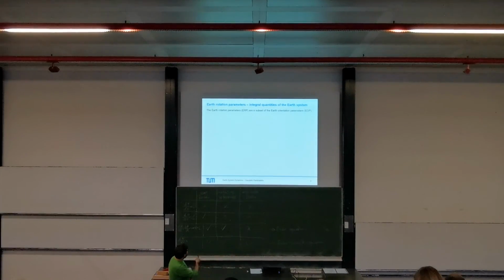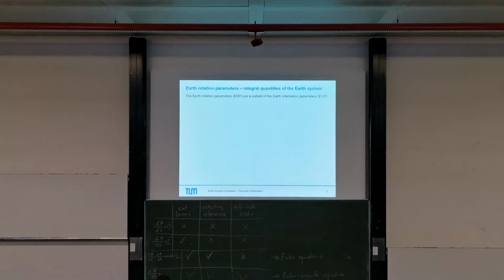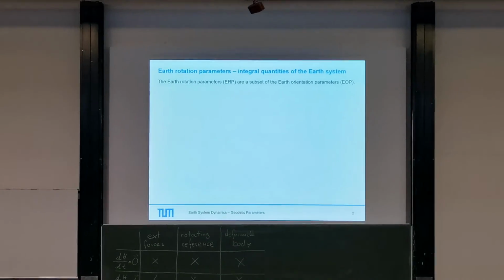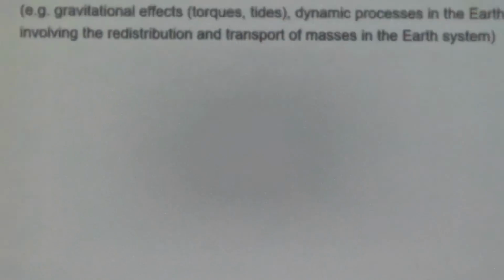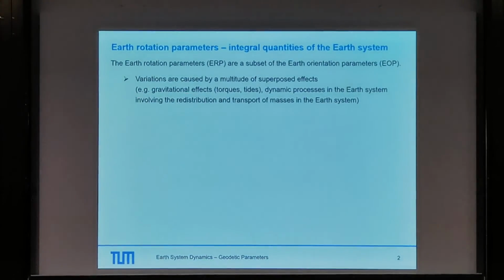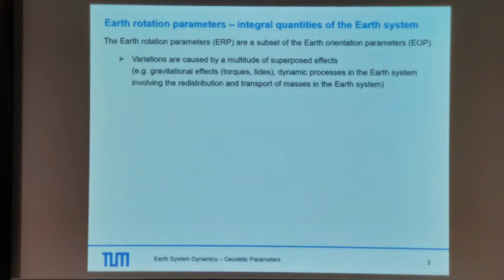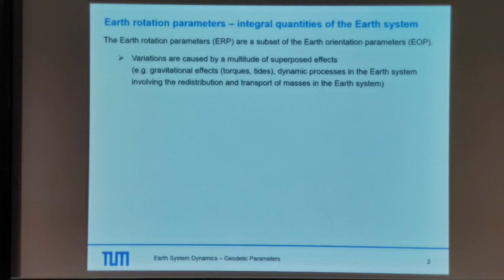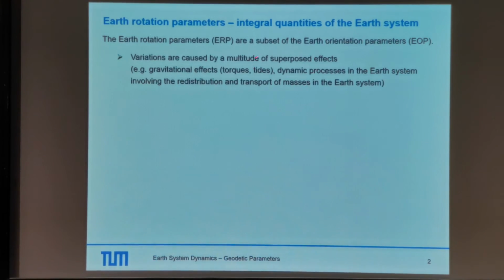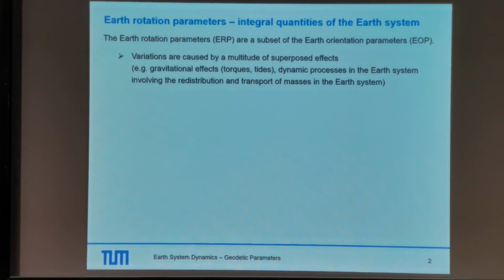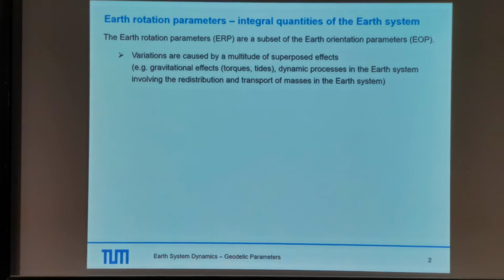These three parameters are the so-called Earth rotation parameters, a subset of the Earth orientation parameters. Variations are caused by a multitude of superposed effects. We have learned gravitational effects cause variations, as do dynamic processes in the Earth system, involving the redistribution and transport of masses within the system.